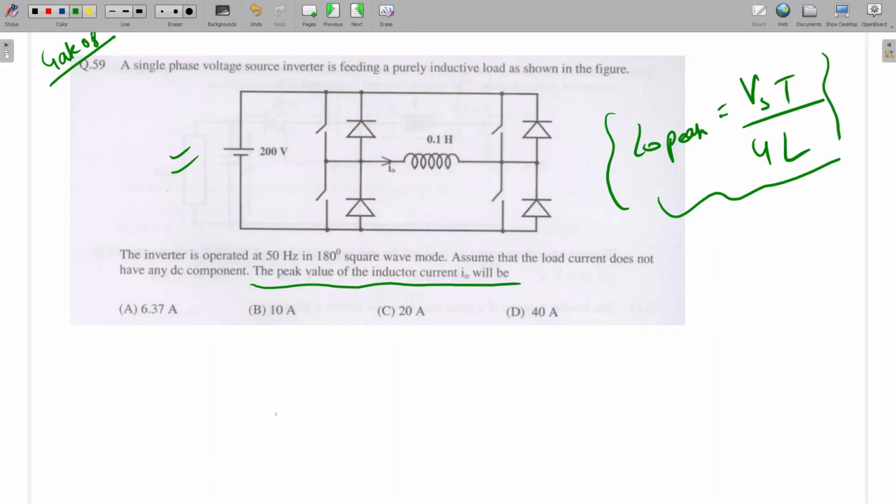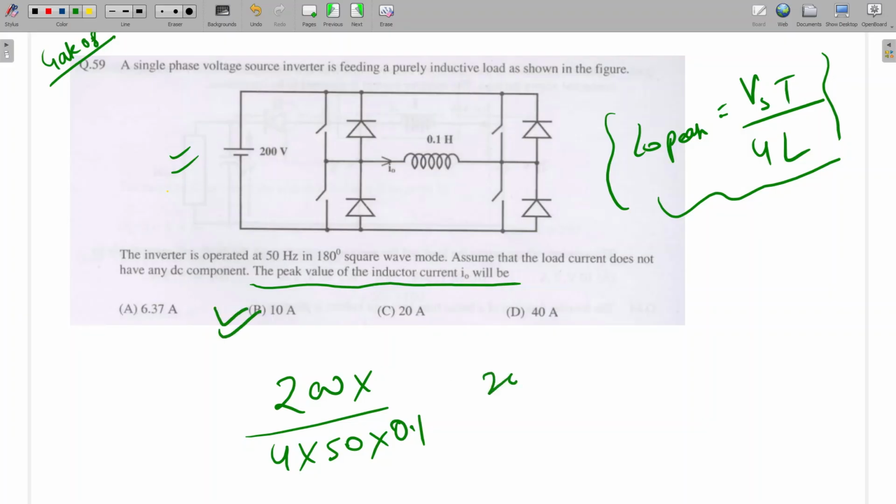So here directly I will put 200 as Vs into T, how much? 1 by F. So I am going to apply 4 into L into F, 4 into F into 0.1. This only. Okay? How much will it be? 10 amps. 10 ampere, sir. This is correct. Okay. Easy only. If we know the formula, then we can directly apply it here.